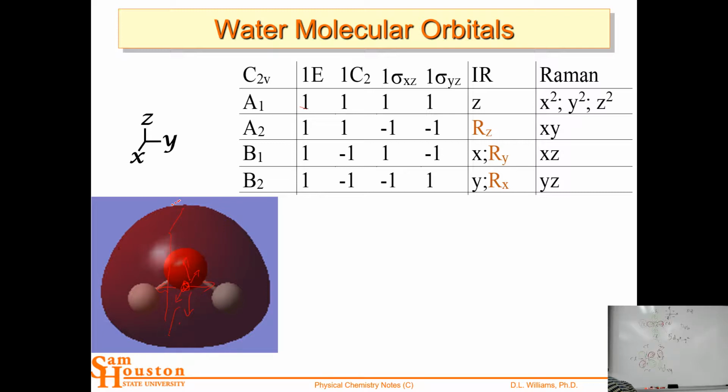If I did a reflection in the plane of the board, it'd be the same color. These pluses and minus ones on the A or B rows don't work for the E row very well, but for the A and B rows, you can look at the plus and minus ones, and that'll tell you the symmetry as well. So this is going to be A1 symmetry because it's totally symmetric.